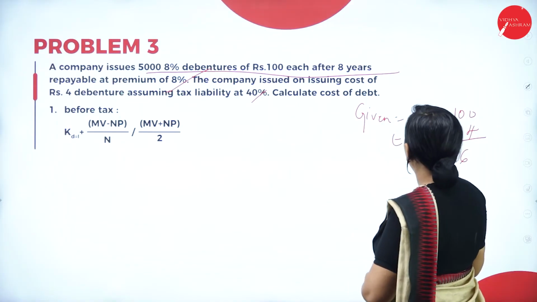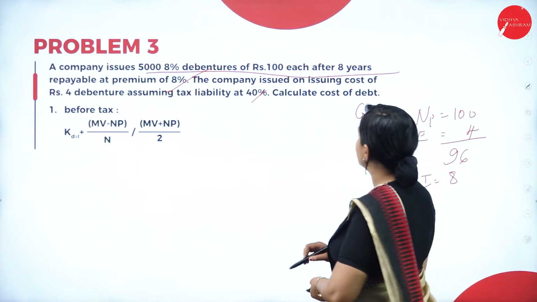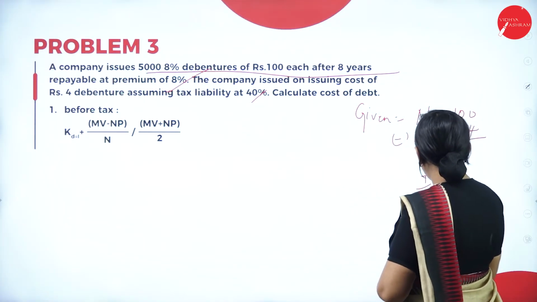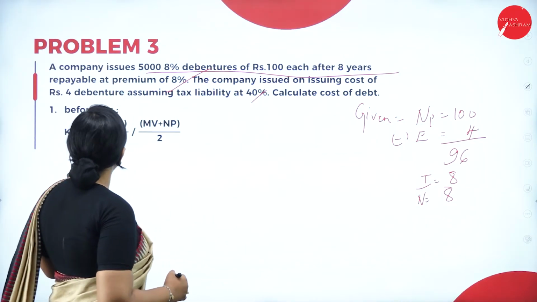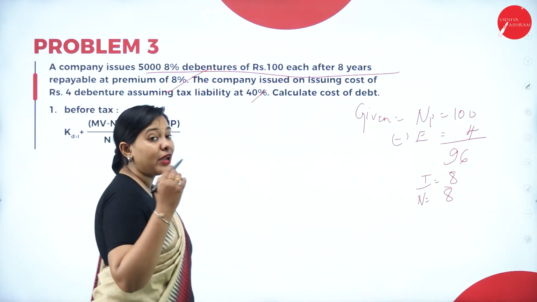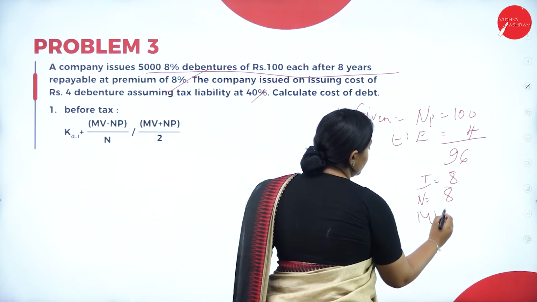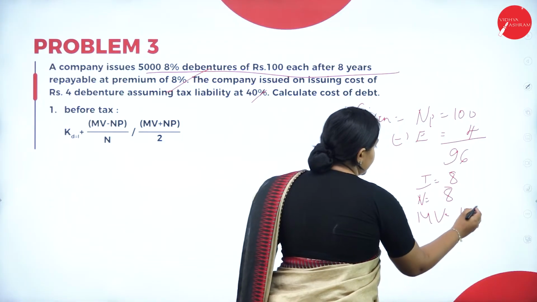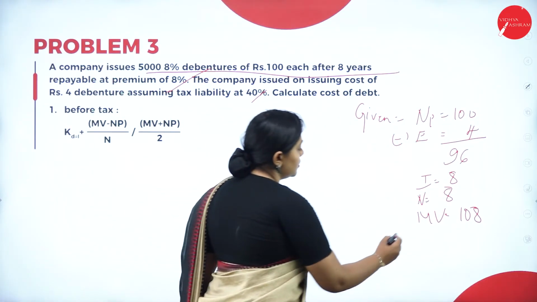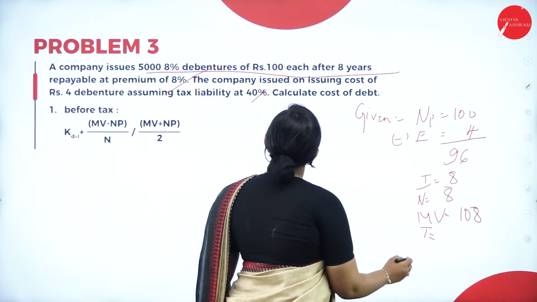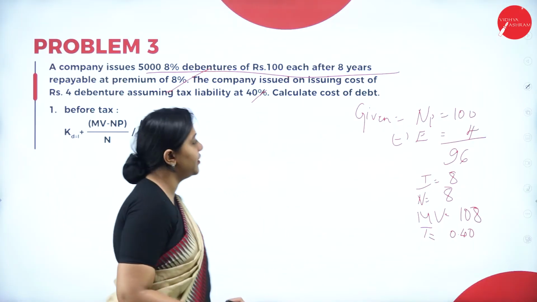Next, 8% interest, so 8 rupees will be the interest. Number of years is 8 years, and it is payable at a premium, 8% premium. So maturity value will be 108. Next, corporate tax is 40%, 0.40 is the tax rate.